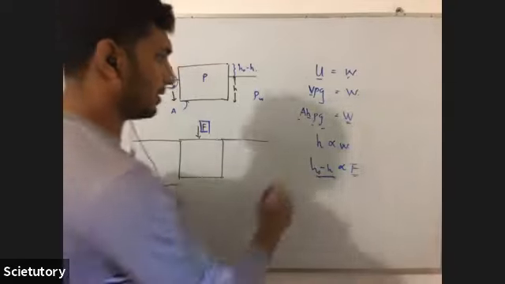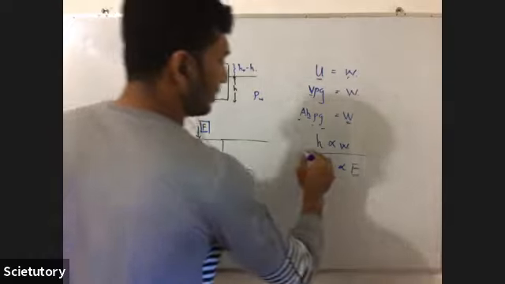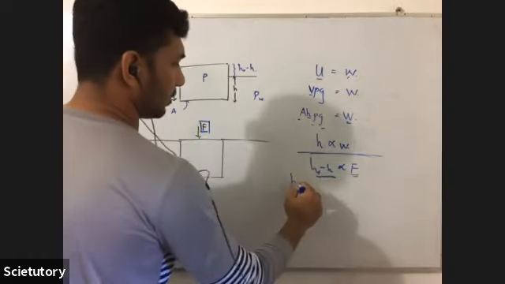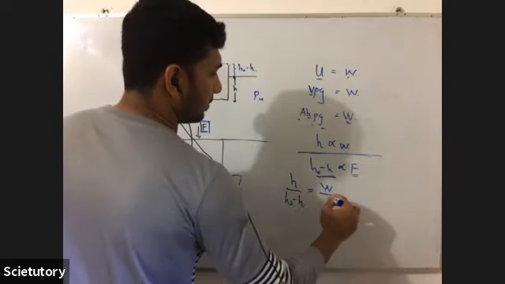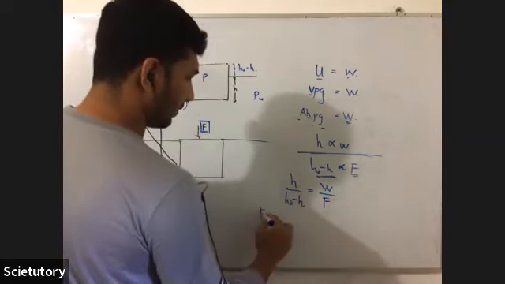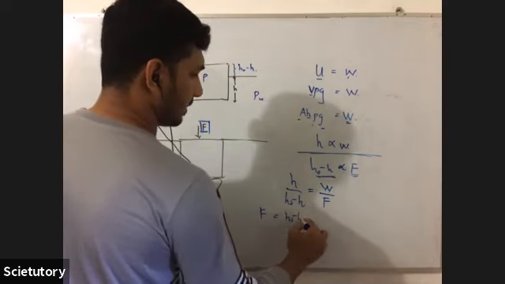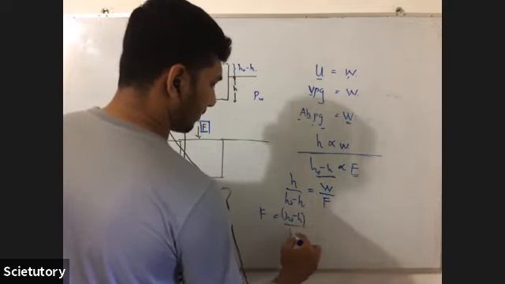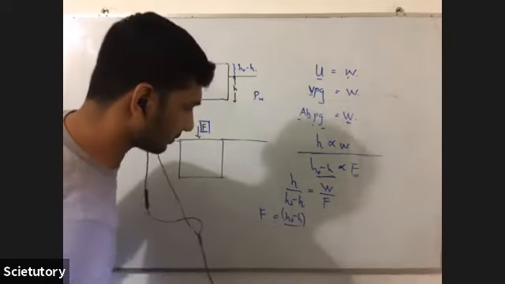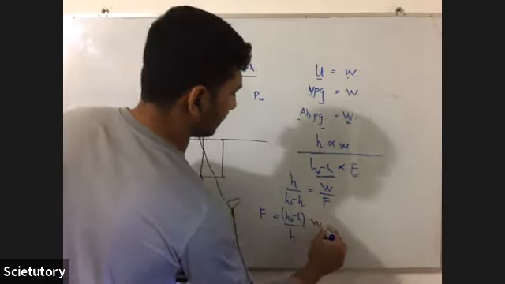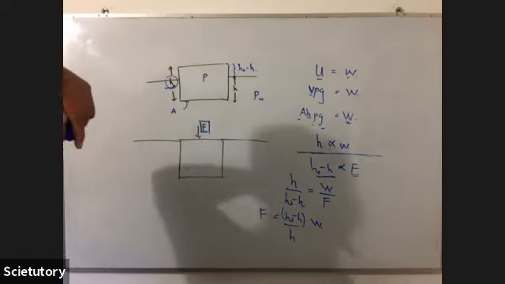Now you just divide these two. H over H naught minus H equals W over F. Now you can find it: H naught minus H over H. Can you substitute something for W?